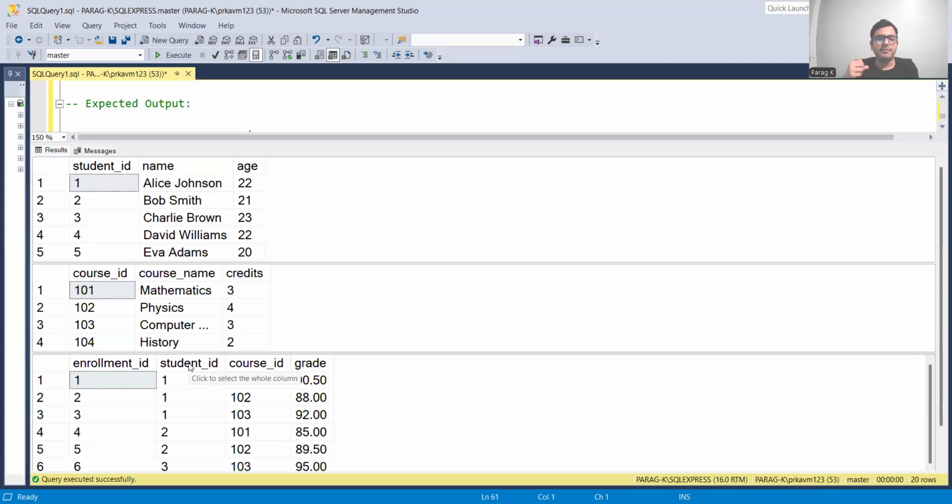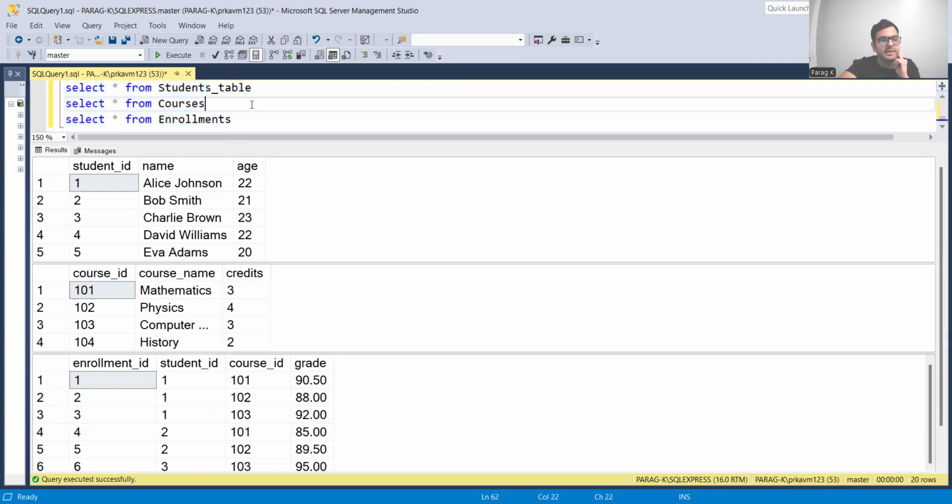So you have to be able to look at the tables and say what is really important and what is noise. I know that what I really need is name and grade, only two things. These are available in the students table and the enrollments table. I don't even need the course table, because I have my name and my grade.